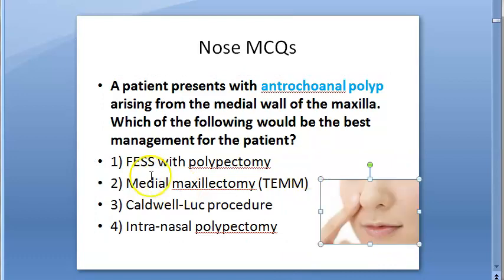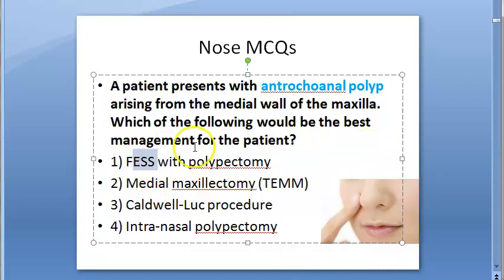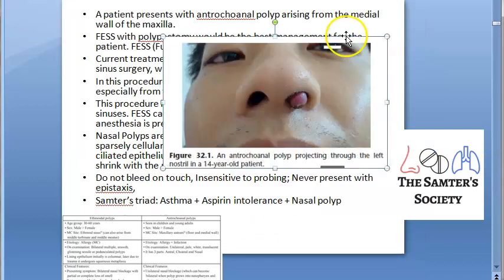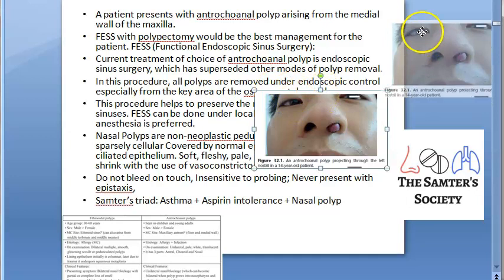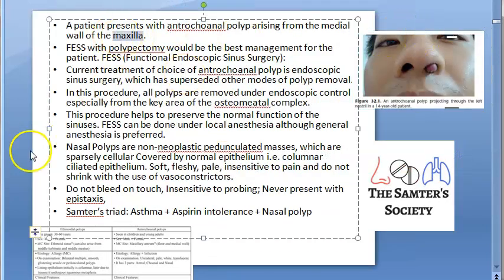It's A, that is functional endoscopic sinus surgery, isn't it? So look at this, antrochoanal polyp. So basically, it's coming from the maxillary antrum. Basically these nasal polyps are non-neoplastic masses, okay, of edematous nasal or sinus mucosa.